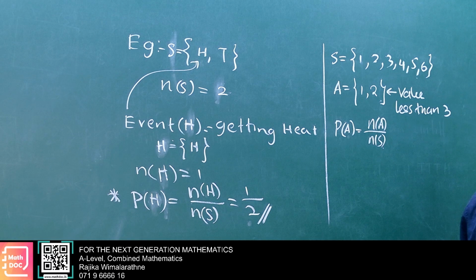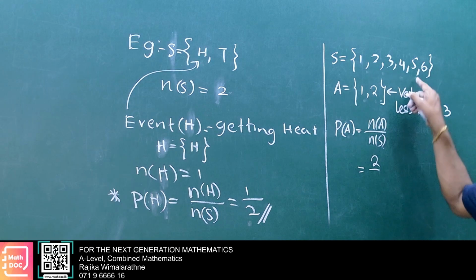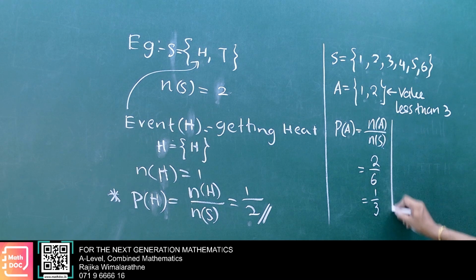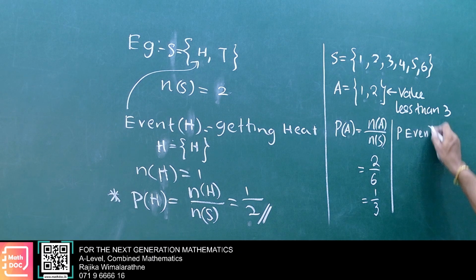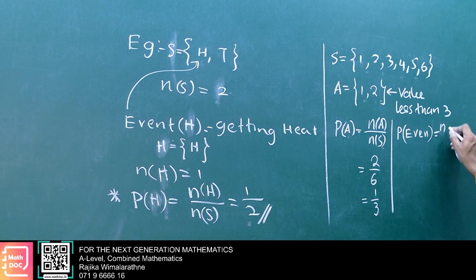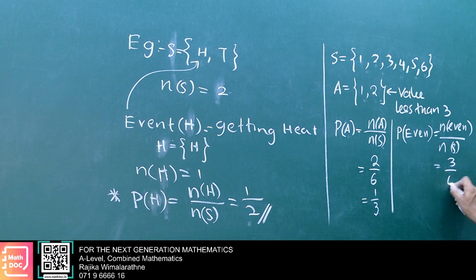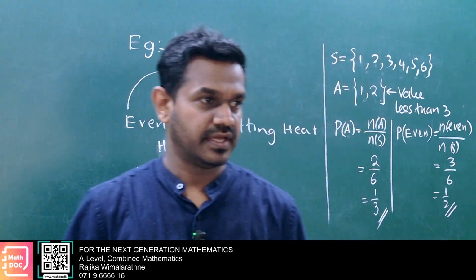This is the first definition. Then n(A) is 2, n(S) is 6, then 1/3. Then P(even) is n(even) divided by n(S), that is 3 divided by 6, 1/2. That is the classical definition. Okay.